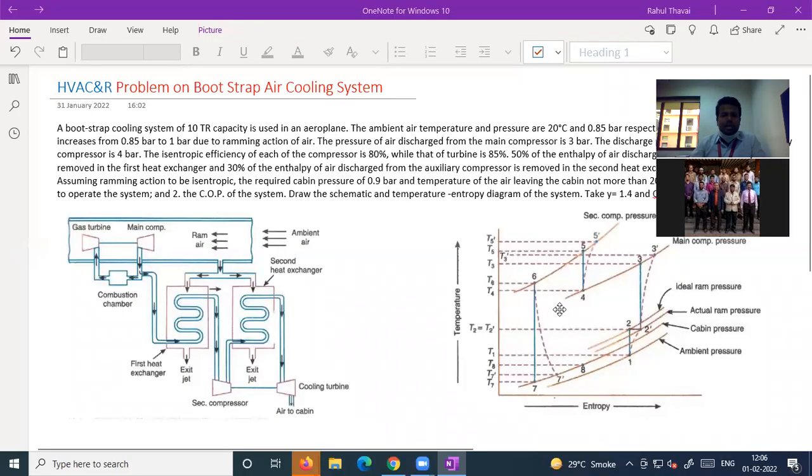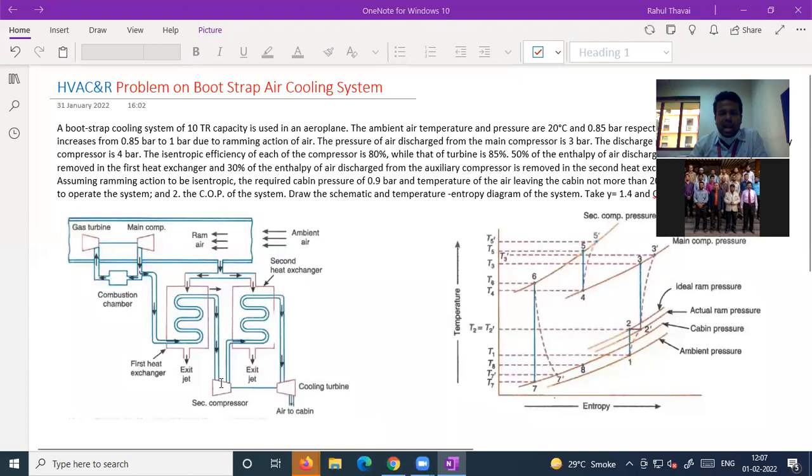Okay, so let us start today's session. In the last session, we have seen the schematic diagram as well as the TS diagram for a bootstrap air cooling system. When you compare this bootstrap air cooling system with the simple air cooling system, what additional things you have are this compressor and this additional heat exchanger.